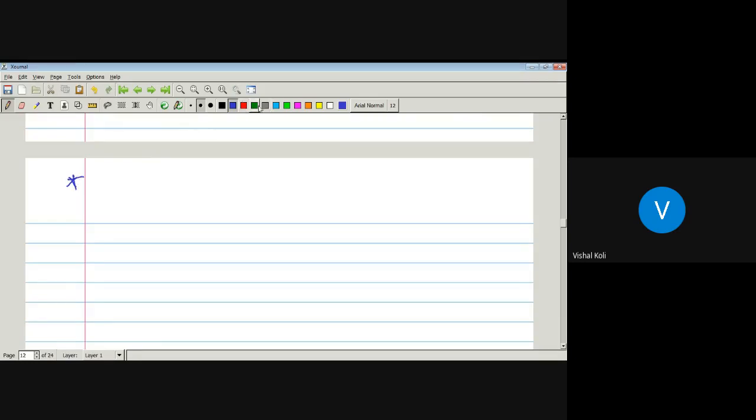Okay, now let us see the definition. What is the inverse of a matrix?